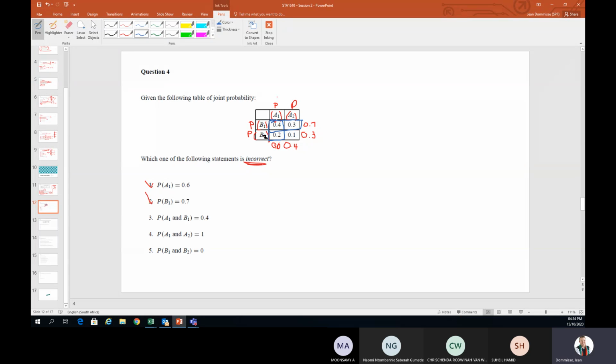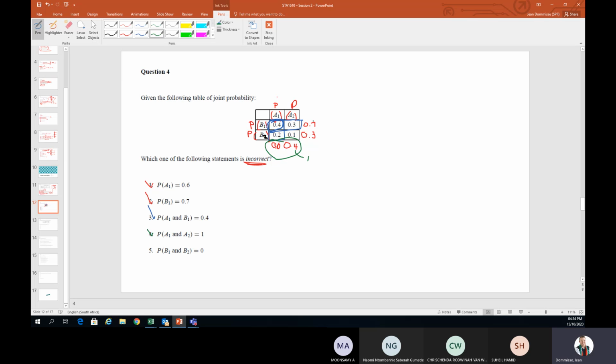A1 and B1 is sitting there, so 0.4. That is also correct. Let's see probability of A1 and A2. It will be those two together, which is 1, so that is also correct.